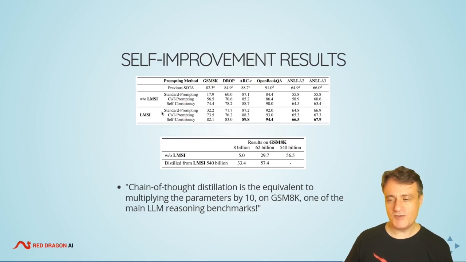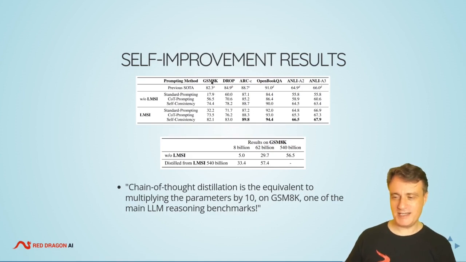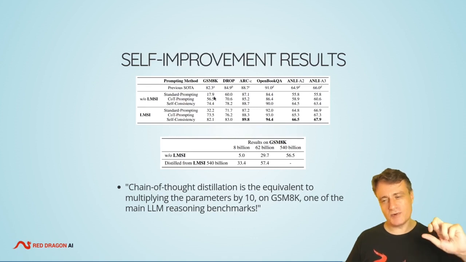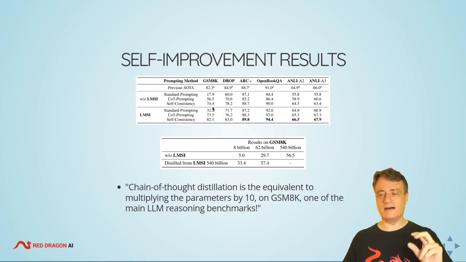So the first of these three in each batch is the standard prompting. Particularly if you look at this GSM8K task set, we've got 18%, 56%, 74%. So basically standard prompting, chain of thought prompting, and then self-consistency, which is, I guess, like the STaR.